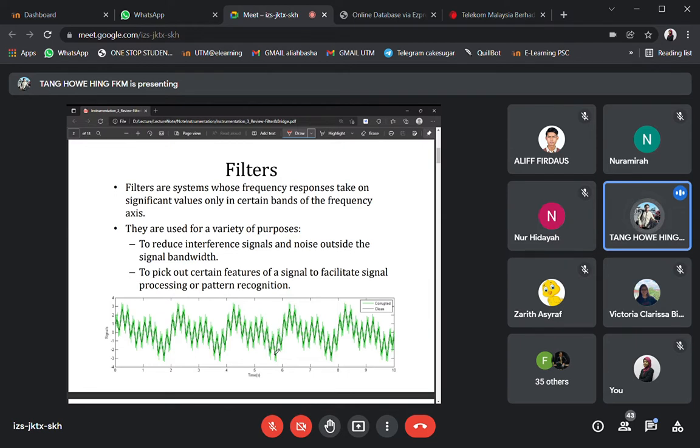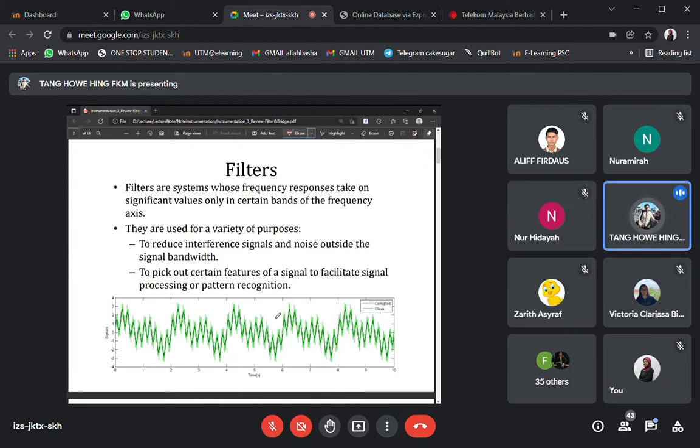Therefore, before you present these results to your panel or use them for analysis, it is better to filter out these spikes.